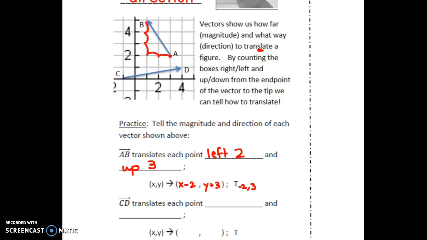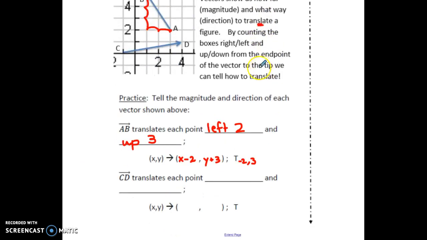The other vector that I gave you to practice is CD. C is the end point where we start, since there's no arrow there, and since it's pointing in this direction, we can see that it is moving to the right. Looks like 5 boxes this time. And in order to get to the very tip of that vector, we do need to go up 1 box.